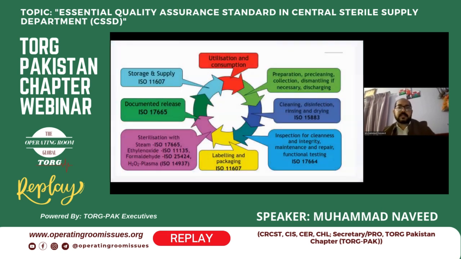There are some standards we are using in our CSSD. Basically, those are ISO standards. Each zone has a different standard. The first standard, at the beginning of the CSSD, is ISO 15883.